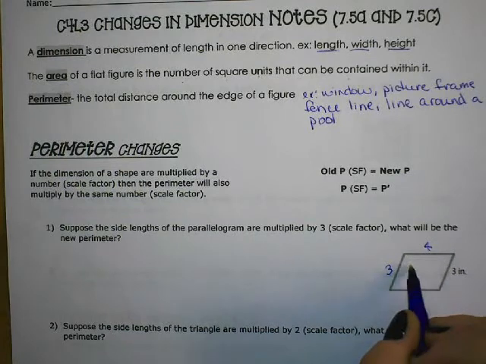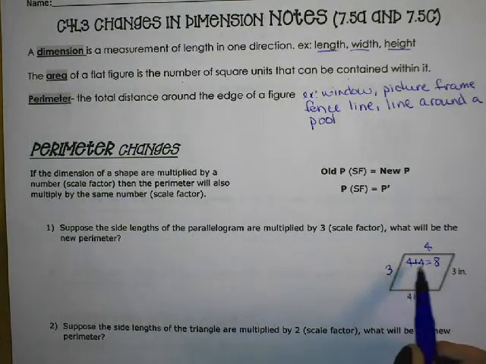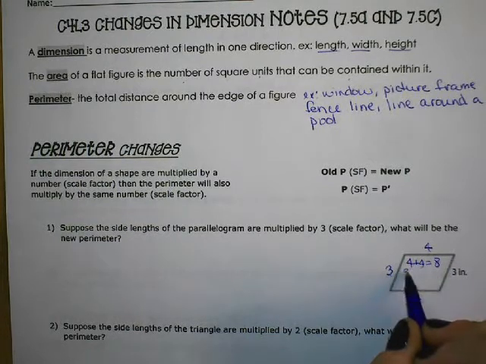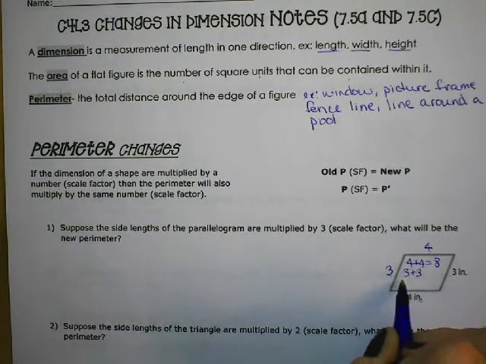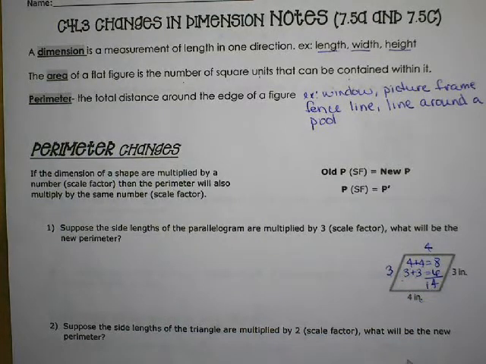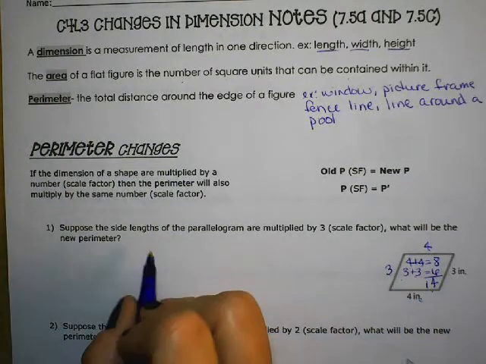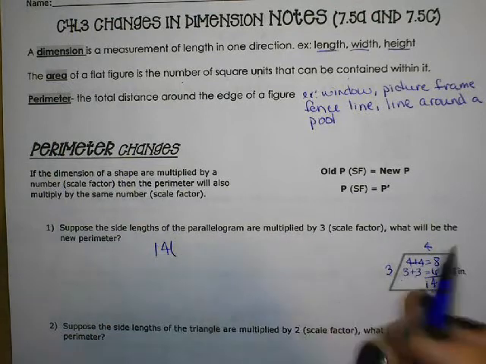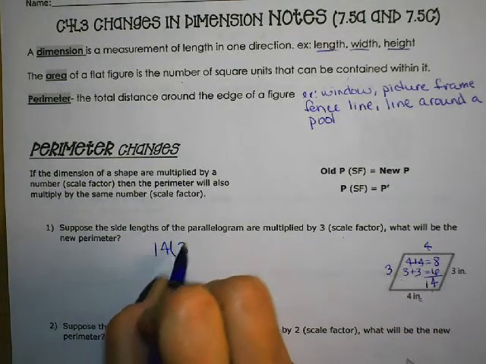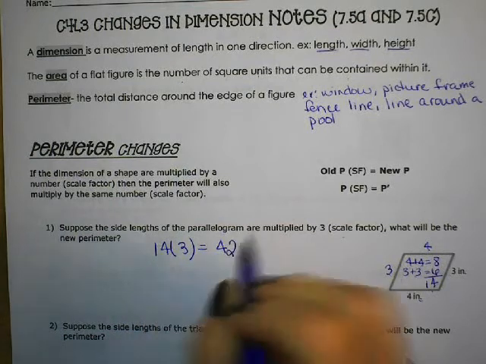I can prove it by saying it's 4 plus 4 is 8. That's my top and my bottom. I have the left plus the right, which is 3 plus 3 equals 6. 8 plus 6 equals 14. 14 is the original perimeter. I am going to take 14 times the scale factor of 3 and get the new perimeter of 42.